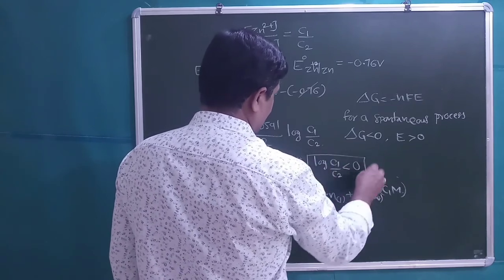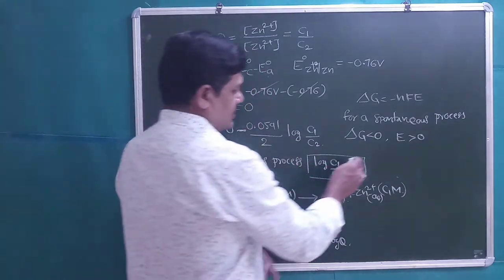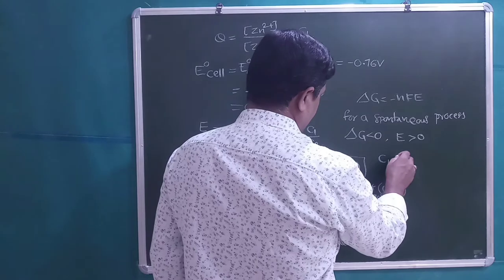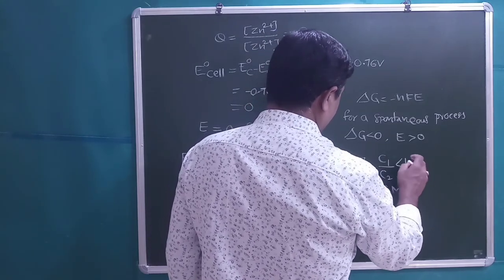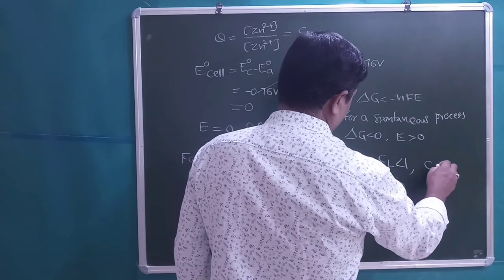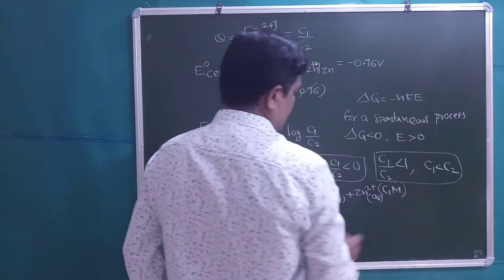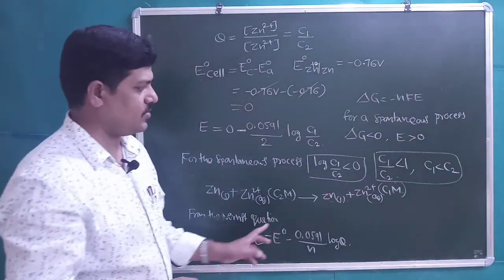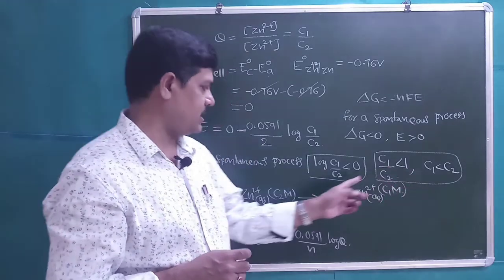This is a condition required. When it is less than 0, C1 by C2 should be less than 1. When it is less than 1, C1 should be less than C2. This is a condition required. C1 should be less than C2, then only the cell reaction will become spontaneous.